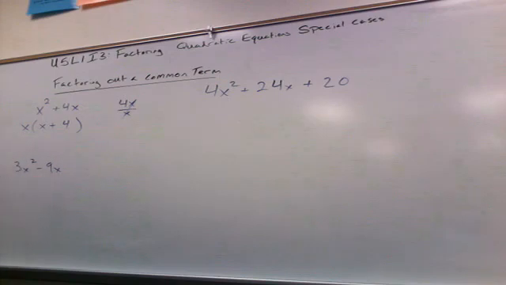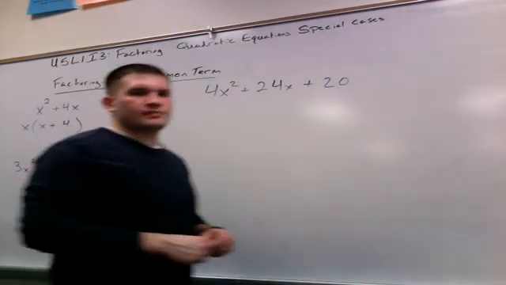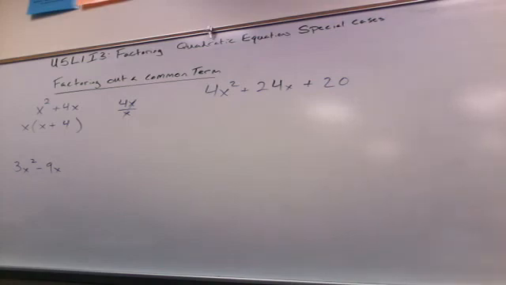Try this one on your own. 3x squared minus 9x. Real quick, look for the common term. Try it on your own. All right, gentlemen, think you know what the common term is?